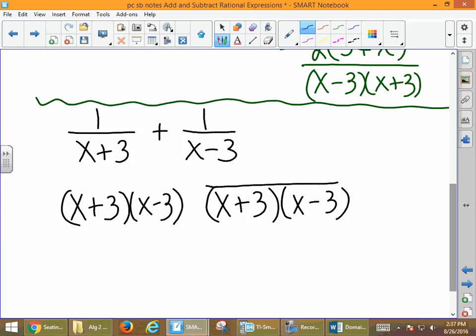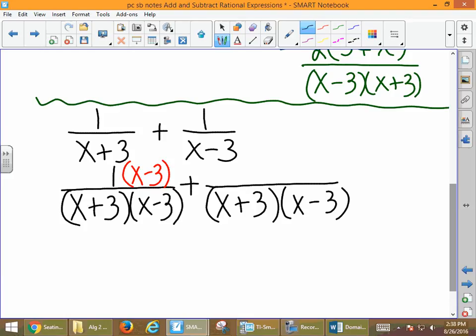We're going to be adding these two fractions together, but in order to add them, we've got the common denominator, and we need to make sure that we've got our numerator in sync here. We put into our first fraction an x minus 3, so we've got to put in there, in our numerator, an x minus 3.